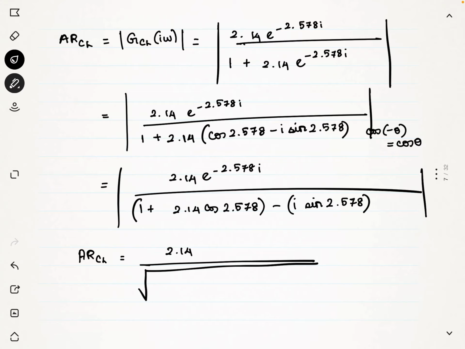So we have the real part square plus the imaginary part square.